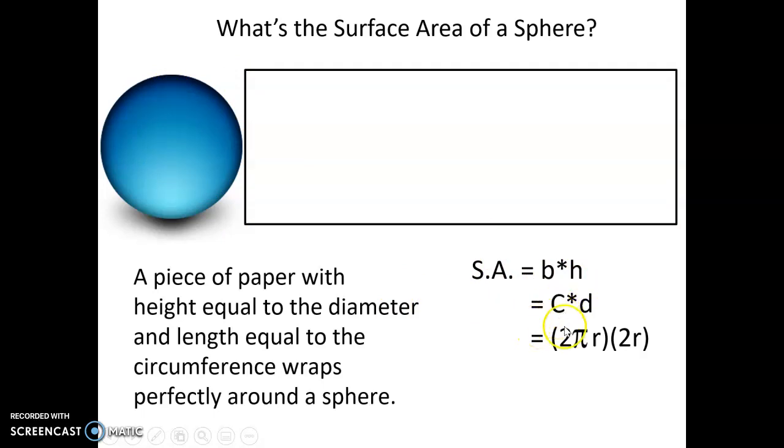And now the circumference formula is 2 pi r. Diameter is actually 2 times radius. So to find the surface area of a sphere, we've begun with a rectangle, put in these circle formulas, and now we're down to this 4 pi r squared. Really amazing. Just think about it. It is amazing to think that this rectangle wraps perfectly around here, and therefore that's where the surface area of a sphere formula comes from. So that's what it is.